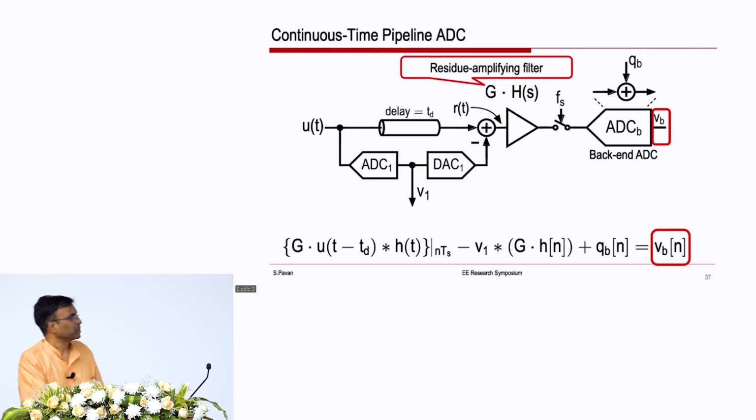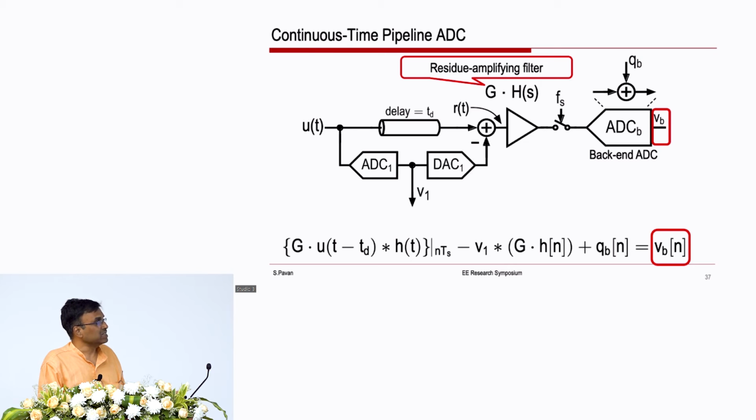The next step is to take this residue, go through what is called a residue amplifying filter. Remember, we are trying to make a filter and ADC into one. So, this is a filter H of S, and because the residue is small, you can actually amplify the signal without saturation.